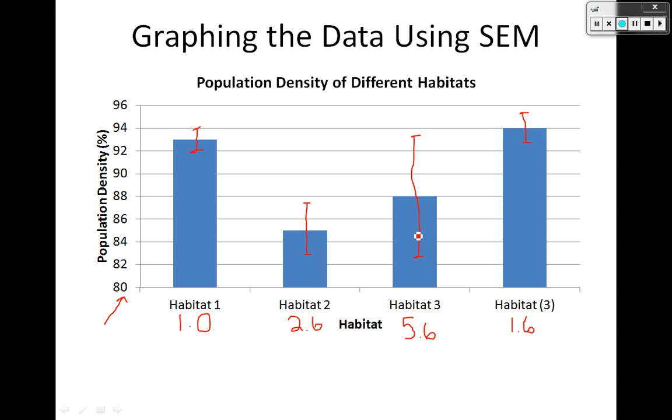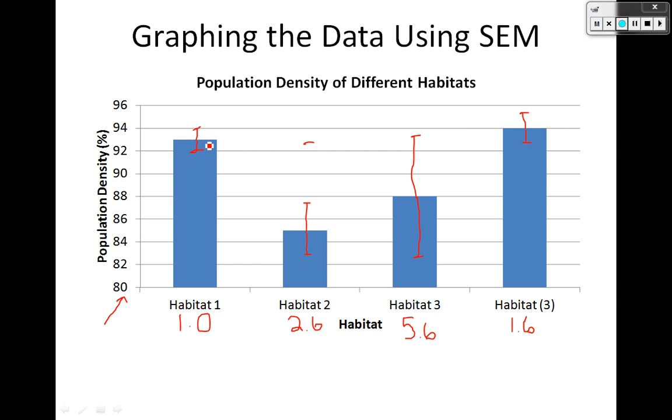Let's now skip Habitat 3 for a second and go to Habitat 3 parentheses. Habitat 3 parentheses has the highest population density. And again, that is significantly different from Habitat 2 if you consider that the low point of that error bar is going to be somewhere here. Okay, there's clearly no overlap there. But that is not significantly more dense than Habitat 1.